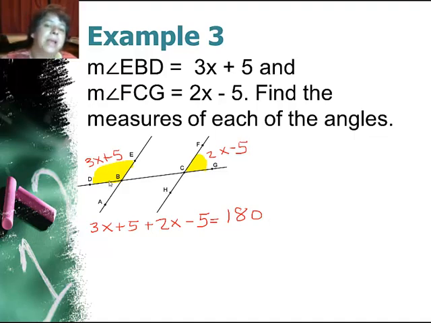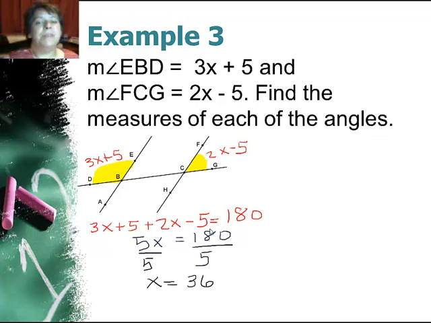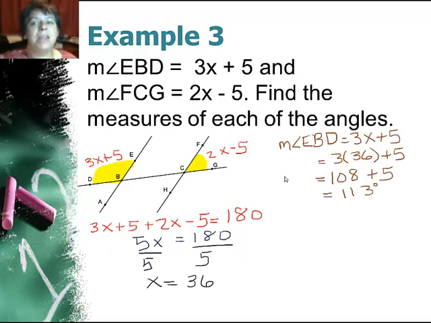So I take 3x plus 5 plus 2x minus 5 and add them together and set it equal to 180. I simplify. The 5 and the 5 cancel, and the 3x plus 2x is 5x. Divide everything by 5, and I get x equals 36. Then I can just go back and substitute into the expressions for the angles, and I find out that EBD is 113 degrees.